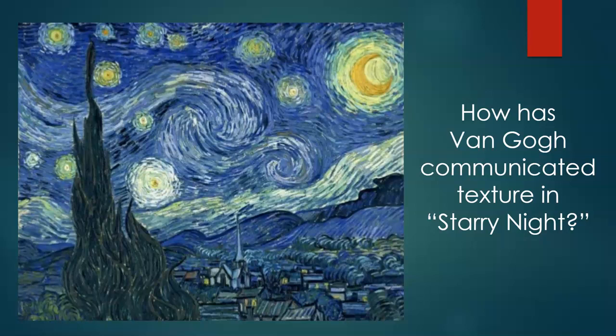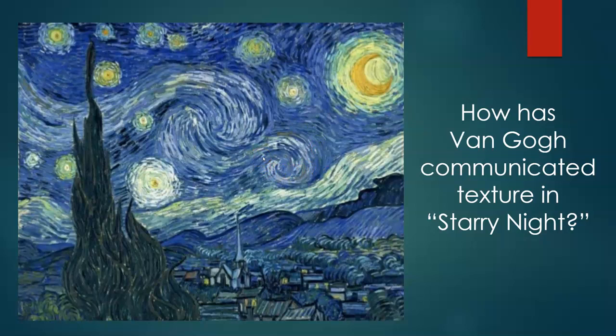There's so much line work in this painting and many of his others, and it creates a sense of movement and energy as it draws your eye around the piece.